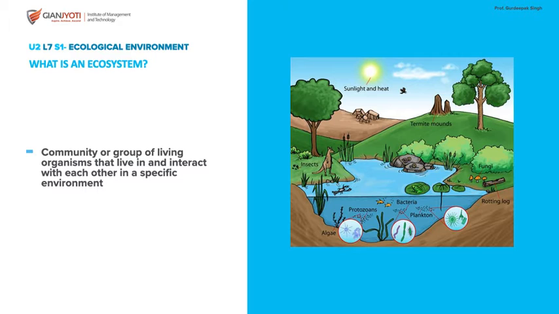Let us start with what an ecosystem is. When we talk about the ecosystem today, what we are facing is the biggest pandemic of the century, COVID 19, because we tried to play with the ecosystem, where communities or groups of living organisms live and interact with each other in a very stable and specific environment.